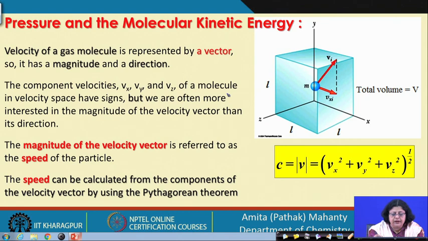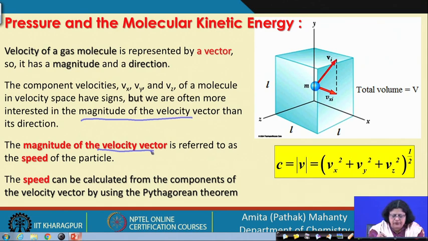But more often we will be more interested in the magnitude of the velocity vector instead of the direction. The magnitude of this velocity vector is a scalar term which we call the speed. Velocity is a vector term which has magnitude and direction associated with it.